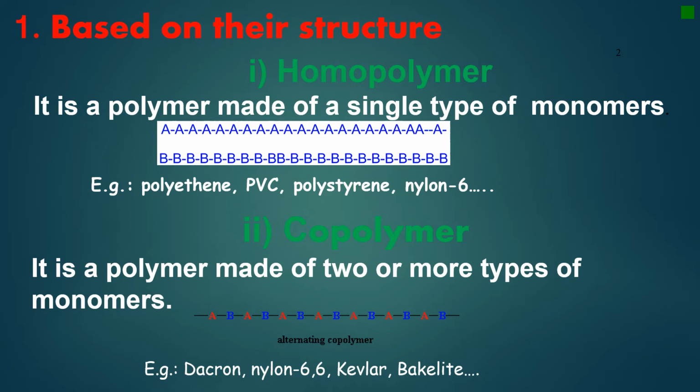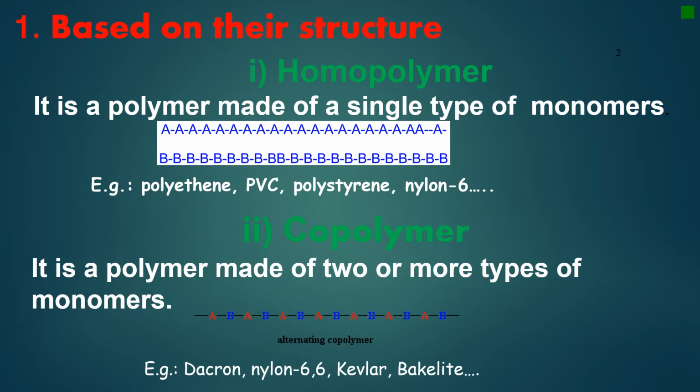Another type of polymer based on the structure is a copolymer. Copolymer comes from the Latin word cum, which means with.